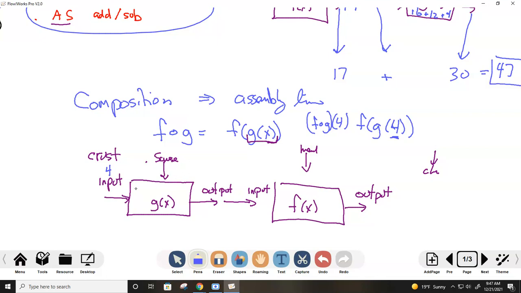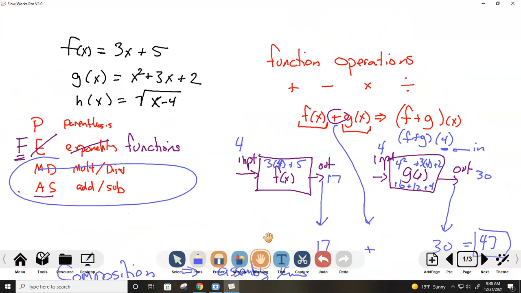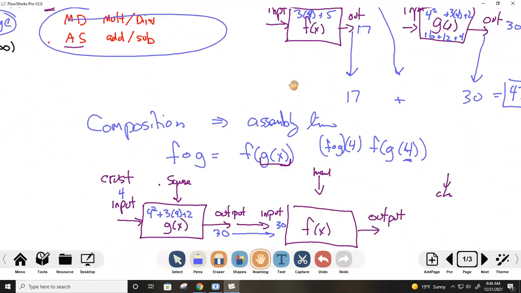And my g of x was that 4 squared plus 3 times 4 plus 2, which we just said was 30. But now 30 becomes the input to my f of x. And my f of x was, I forget already, 3x plus 4? No, 3x plus 5.